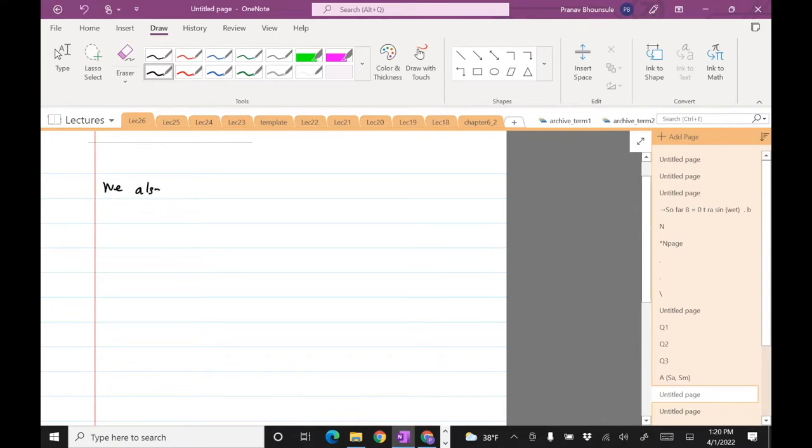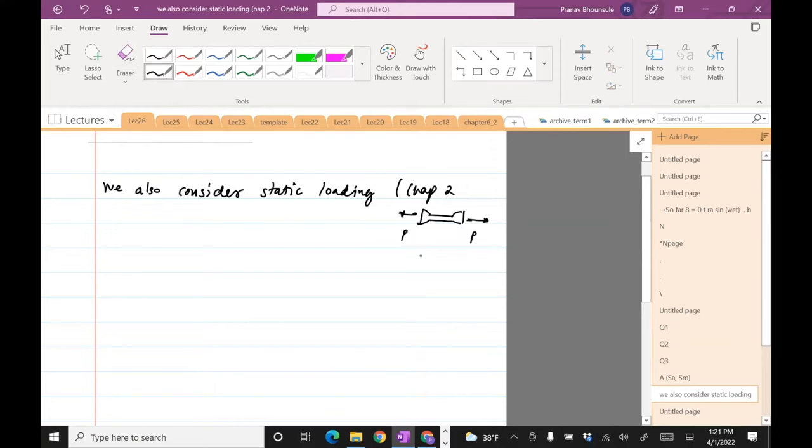So we also consider static loading. The recollection is chapter 2. If you remember, we had a specimen like this, and then it was loaded. Then you remember there was a curve, something like this.